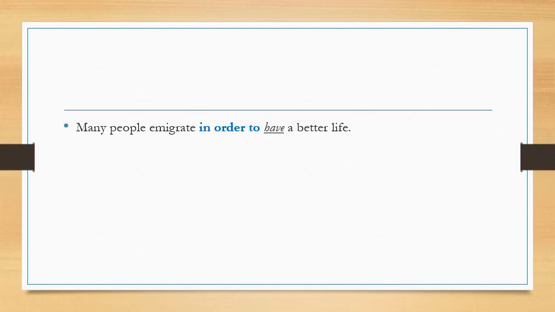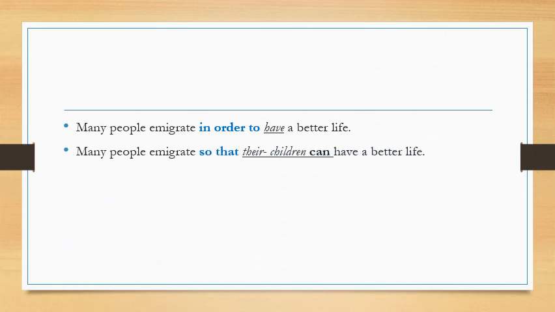But what is for a fact is that you should use the verb in the infinitive form after using in order to, or the previous expressions that we have seen. Many people immigrate, بزاف ديال الناس تيهاجروا, in order to, من أجل have a better life, من أجل الظفر بحياة جيدة. So here you can see that have is in the infinitive form.